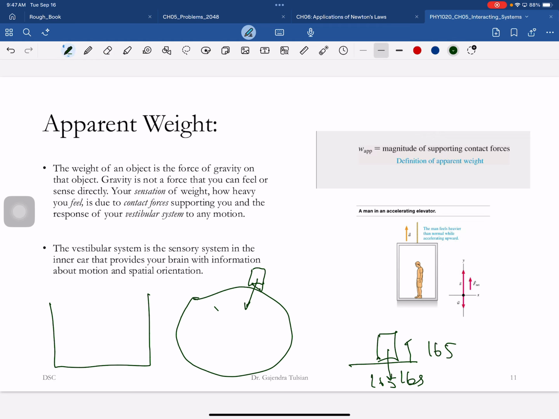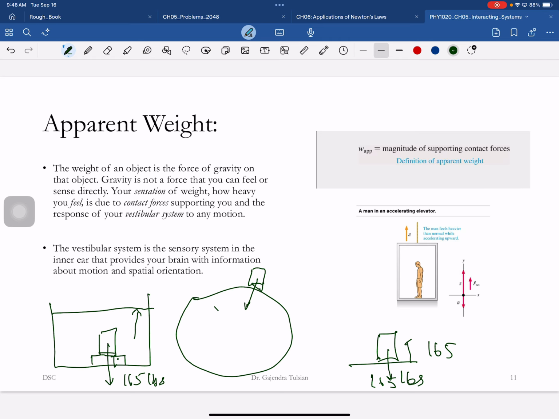Now we'll do the same experiment underwater. Again, the earth never quits. It's pulling me with 165 pounds. What happens underwater? Buoyancy. There's a buoyant force. If you're underwater, the water pushes you up. And it turns out that we are essentially water.